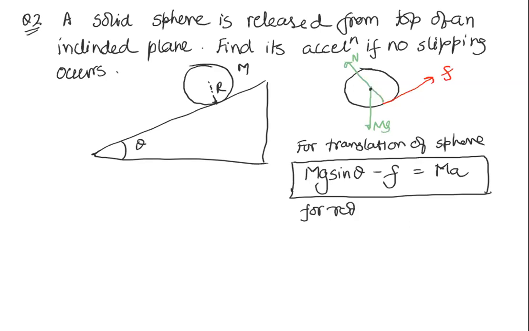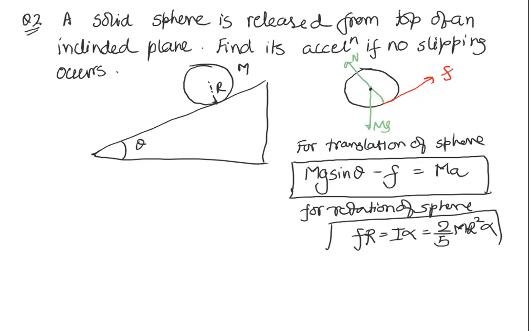For the rotation of the sphere, Fr is equal to I alpha is equal to 2 by 5 mr square alpha. And then constraint. Due to translation, the acceleration is like this, A, because it is the center of mass acceleration.